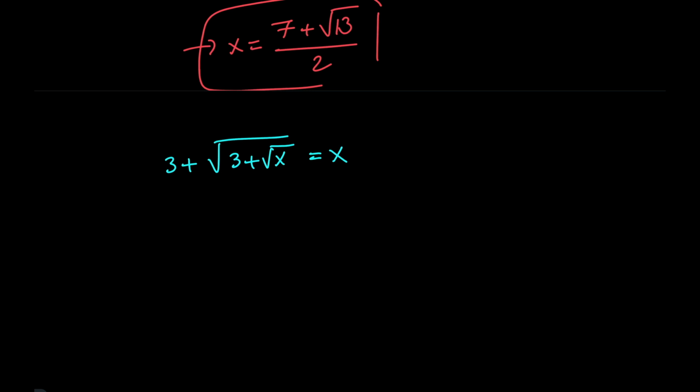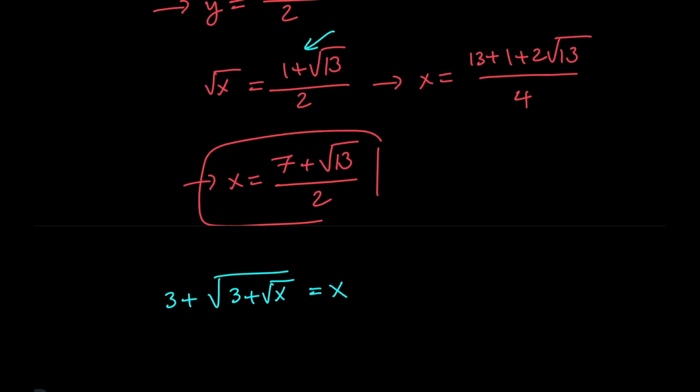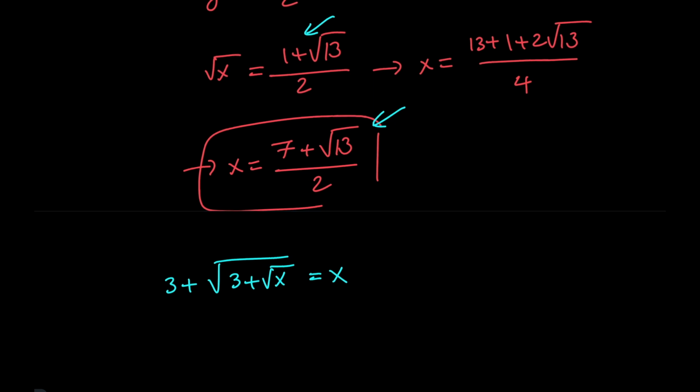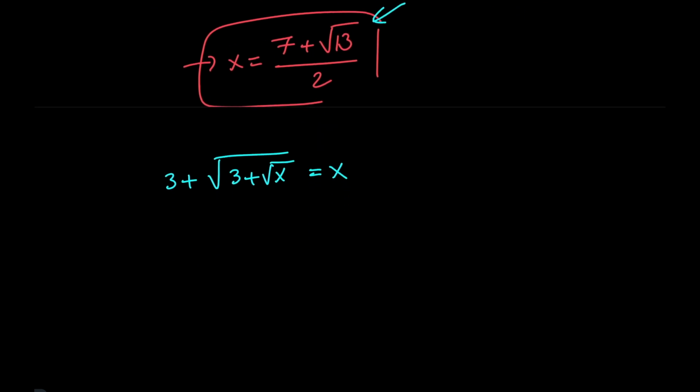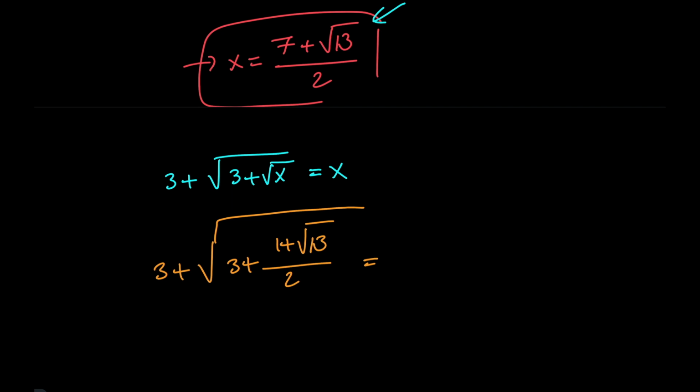Now remember that the square root of x is this and x is this, so let's go ahead and plug these two values in. If we do that, we're going to have 3 plus the square root of 3 plus 1 plus root 13 divided by 2 equals 7 plus root 13 divided by 2.